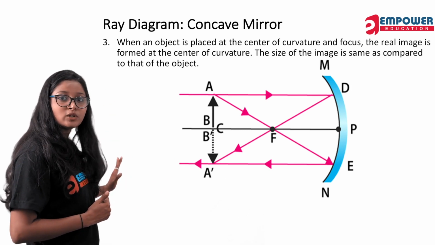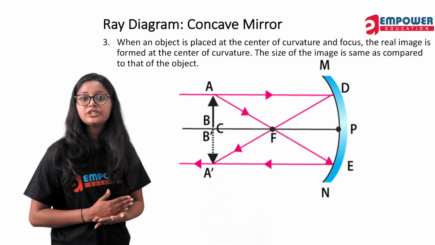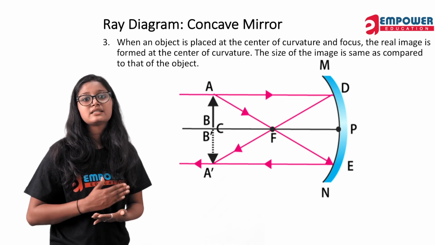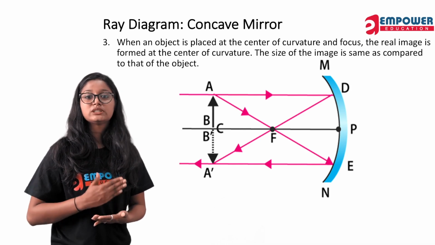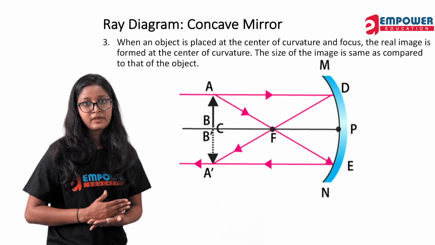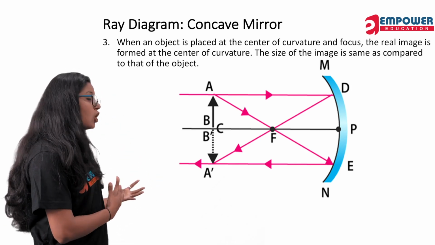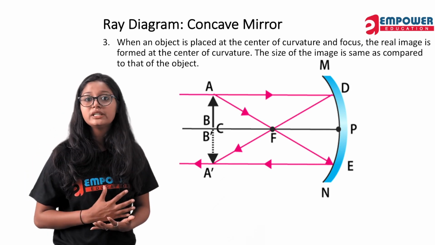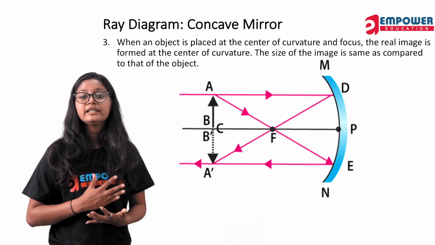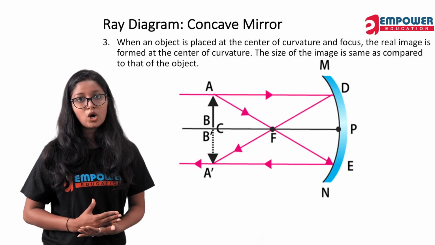You will see clearly that the size of the object is the same as the size of the image. The nature of the image formed is real, and it is the same size as the object.